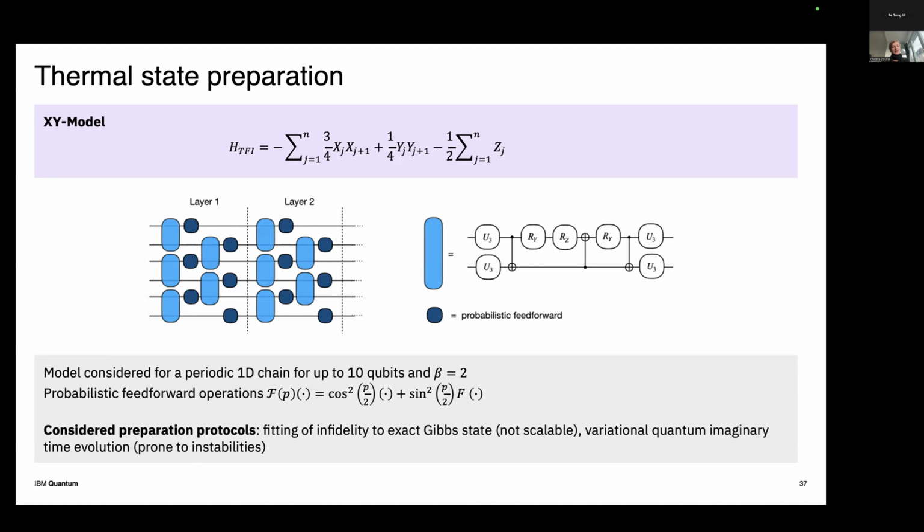They do have advantages and disadvantages. Fitting the infidelity and requiring knowledge of the exact Gibbs state is not very well scalable, but enabled us to study the expressivity of the model. The variational quantum imaginary time evolution approach, while being scalable, is prone to instabilities because the underlying system of linear equations is unfortunately often ill-conditioned.